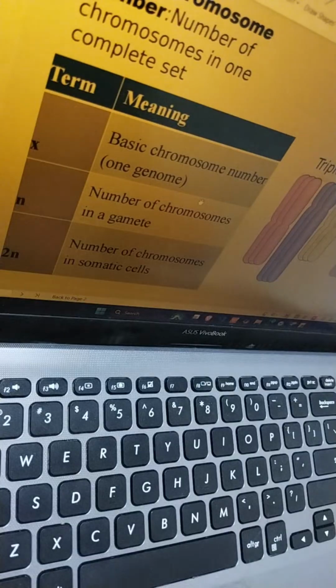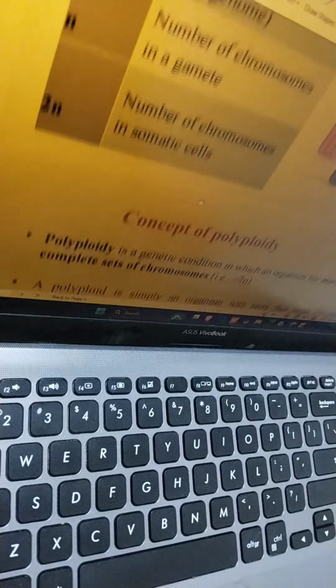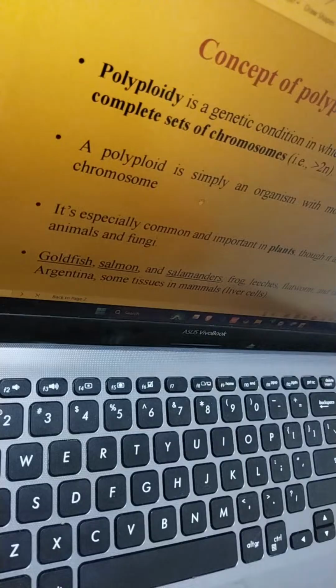So what is the concept of polyploidy? Polyploidy is a genetic condition in which an organism has more than two complete sets of chromosomes.